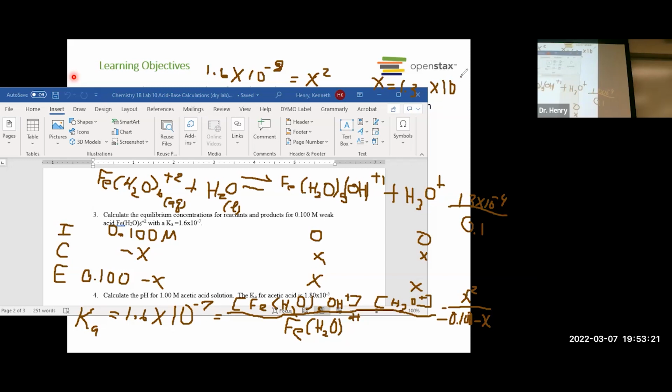Usually, if you pay attention to the number here, and especially if there's not anything being squared, if you look at your initial concentration and your Ka value, if your Ka value is really low, then you're usually okay. Usually. So this is to the 4th, right? Put it right. I'm not allowed to do math in my head right now.